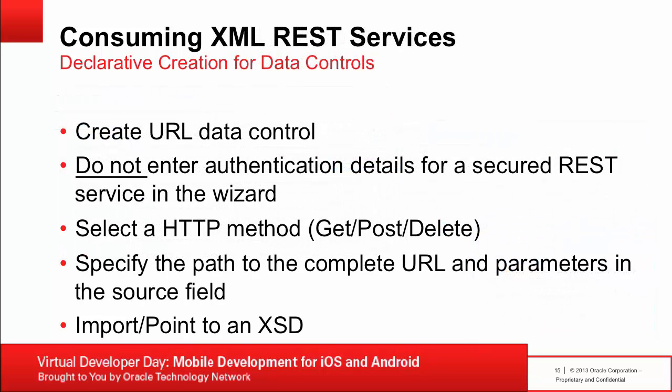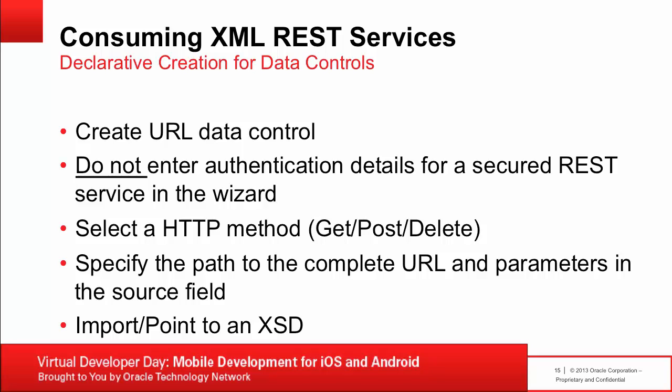To consume an XML REST service, you will first create a URL data control using the URL data control or Web Services Data Control wizard. Please note that when you create the data control, do not enter authentication details even if the REST service is secured with user ID and password. Security is configured separately in the ADF mobile application.